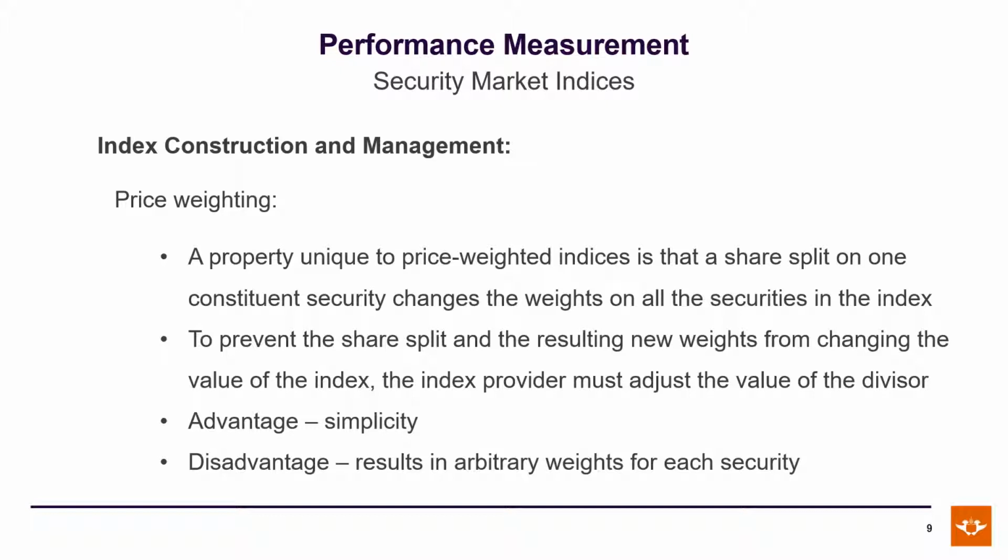Adjustments are made to ensure that this is the case. The advantage of a price-weighted index is that it's simple to calculate and understand. The disadvantage is that it results in arbitrary weights for each security. So a security that might be small but have a really high price counts for quite a bit in the index when it shouldn't.